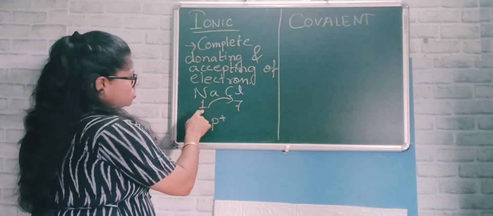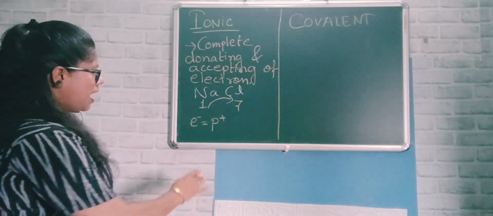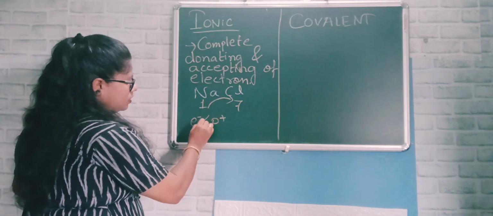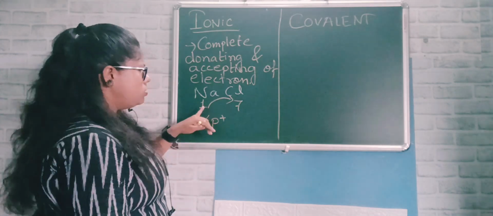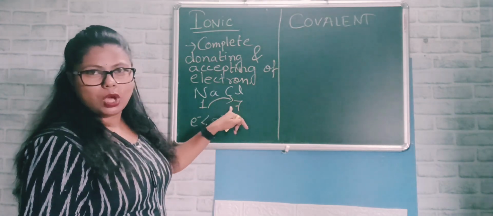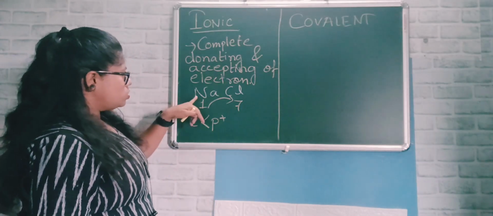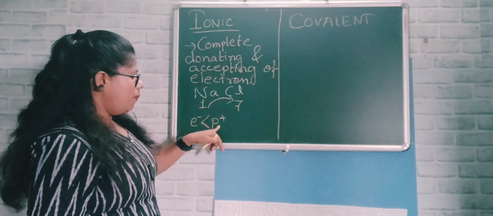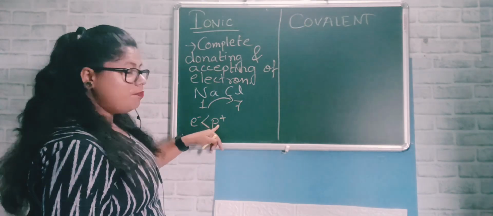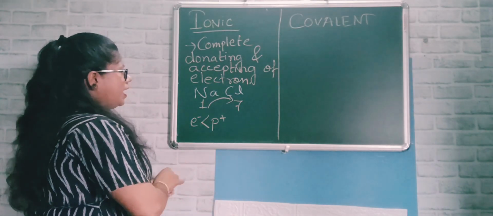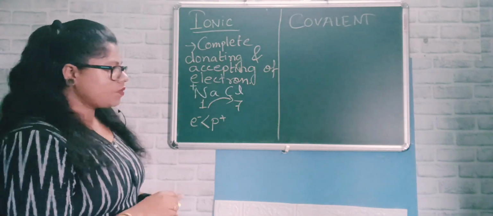Once sodium loses one electron, the protons become more than the electrons, because it donates only one electron. No proton is being donated. That means sodium is left with a 1 plus charge, so it will generate a positive charge.